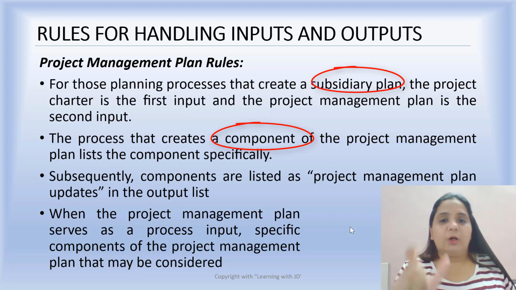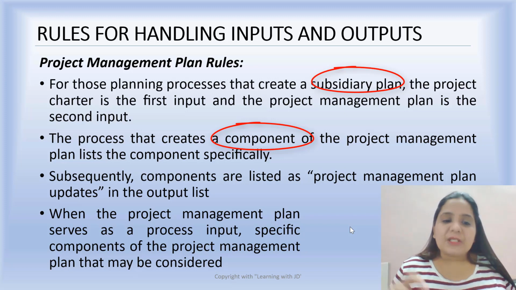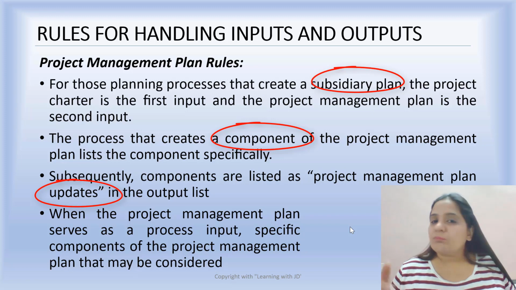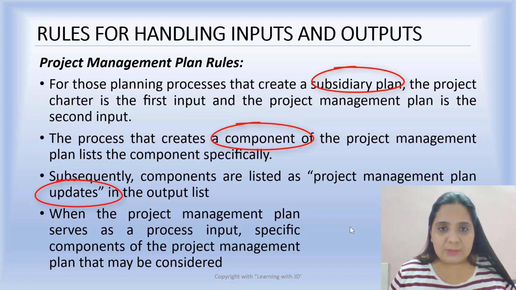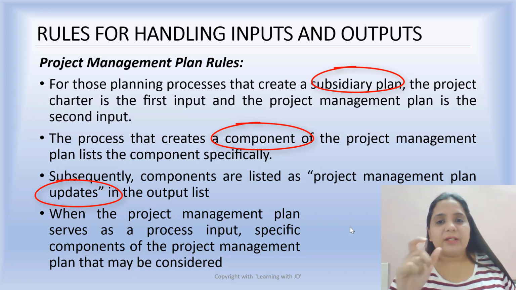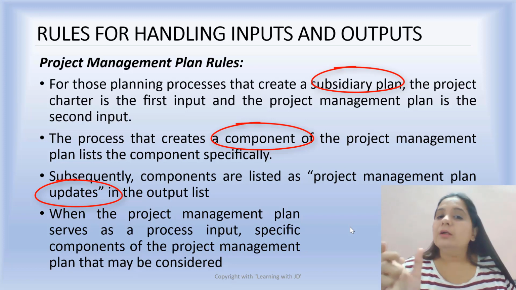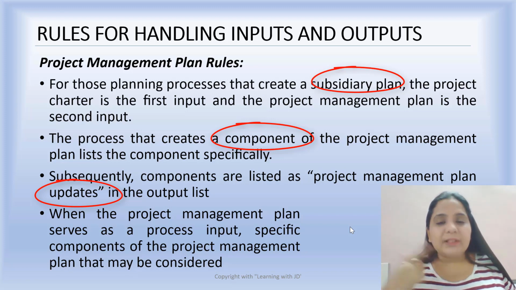It mentions that component, the quality management plan, as part of the project management plan list. Subsequently, the components are listed as project management plan updates in the output list. As we saw for project documents as well, the first time the document is created, the output is that particular document. But the moment that document has updates, it gets into project document updates.